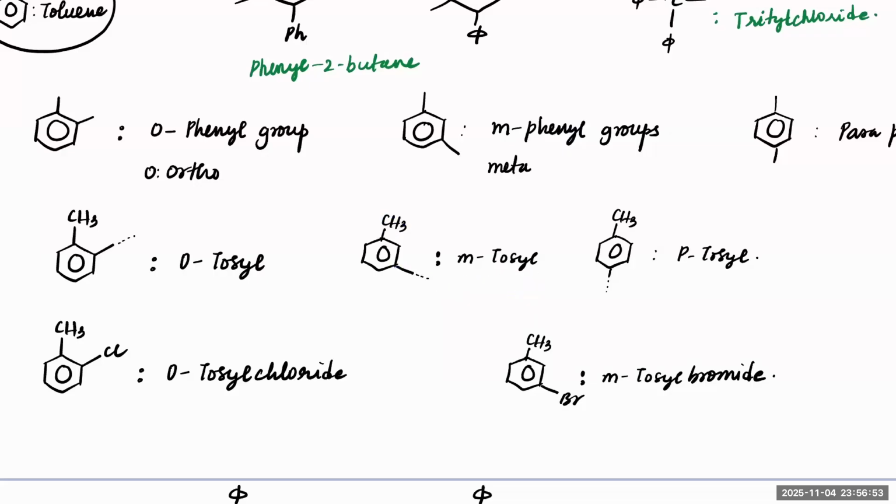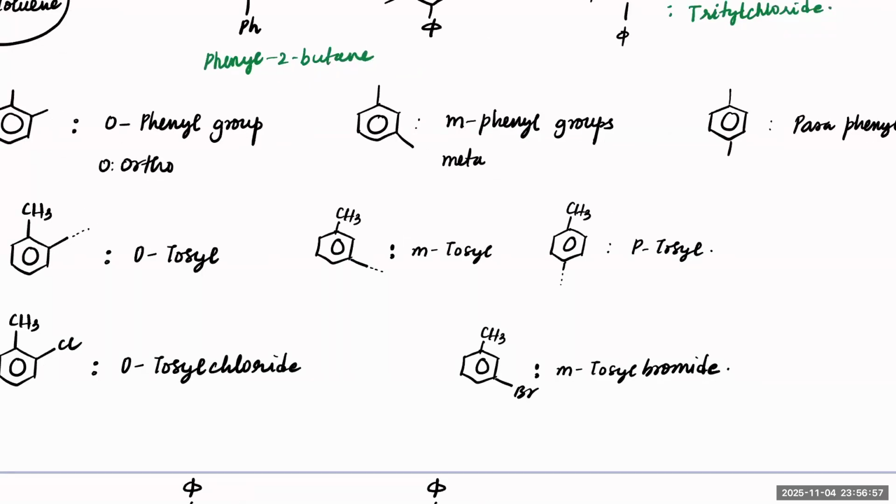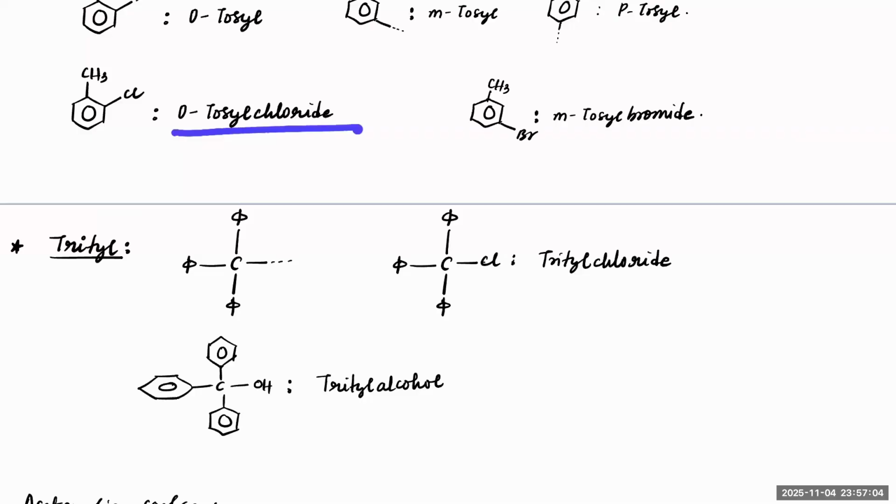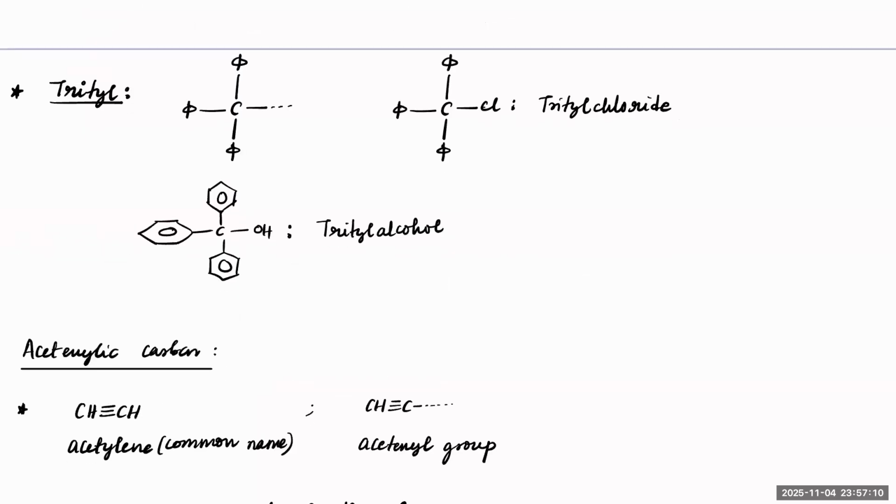This is para-tosyl. So remember, O is for ortho, M is for meta, P is for para. Lastly, O-tosyl chloride. This is M-tosyl bromide. So these are the forms we have. So trityl is always this representation. Wherever I'm using this one, it is the same as saying it this way.